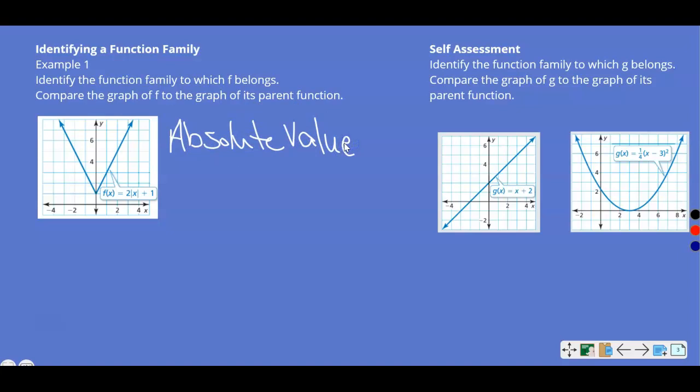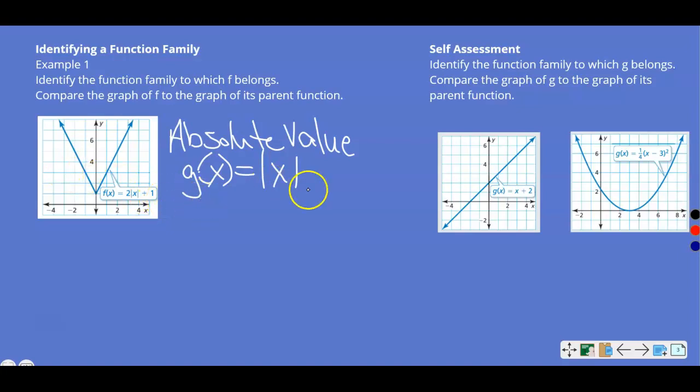We know it's an absolute value. Remember, the absolute value parent function is f of x equals the absolute value of x. To compare it, since the new function is f of x, let's call the parent function g of x. It's just the name of the function, so we can call it whatever we want.